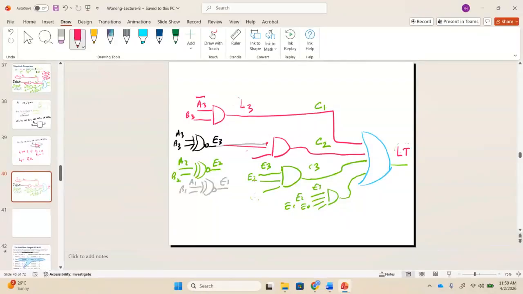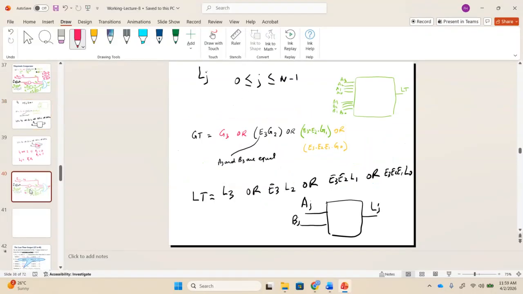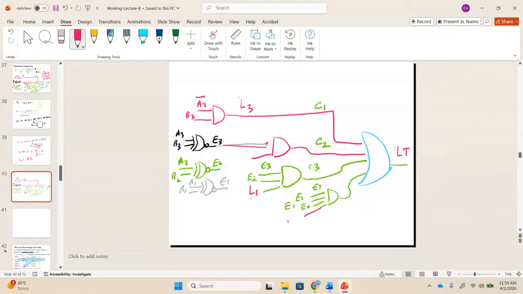And if E3 and E2 are equal, what should be the next expression? E3 and E2 are equal. What do we need to compare? L1. And if E3, E2, E1 and E0 are all equal, then basically the expression for this will be L0. So now we are comparing L0 here.